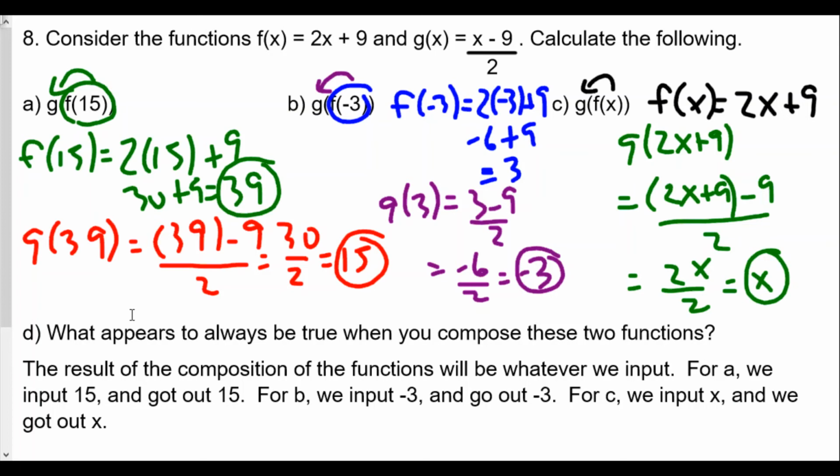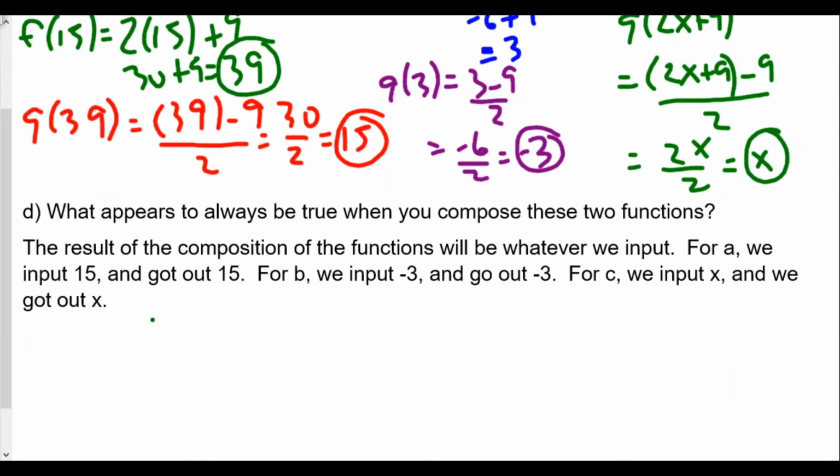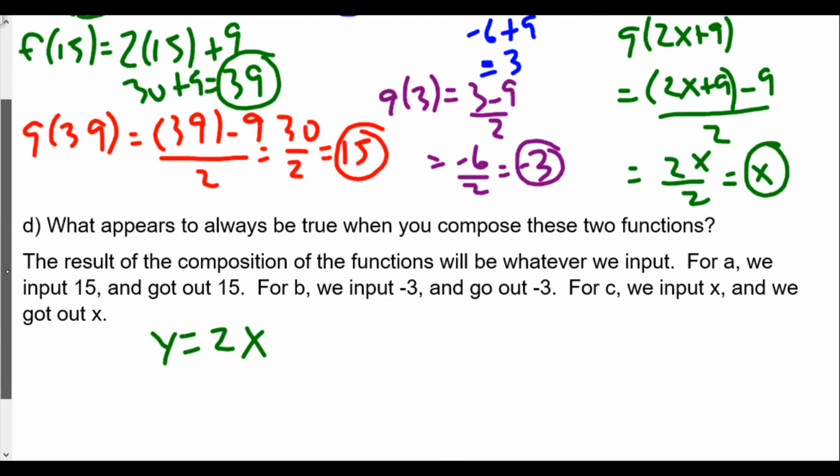The inverse of a function, which we'll hopefully talk about later, is where we switch x and y and solve for y. So imagine in this case we had y is equal to 2x plus 9. The inverse means we switch x and y, and we're probably going to do a future lesson on this.